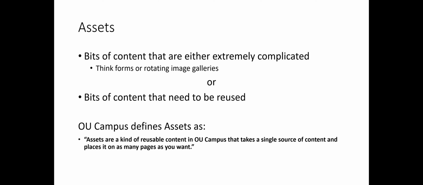Or if you need multiple pages that have the contact us form, you can do that with assets. You can't really do that with snippets or components. Components and snippets are more for using on one page once and then modifying so that it fits your needs, whereas assets are something you'll define and then use as needed.